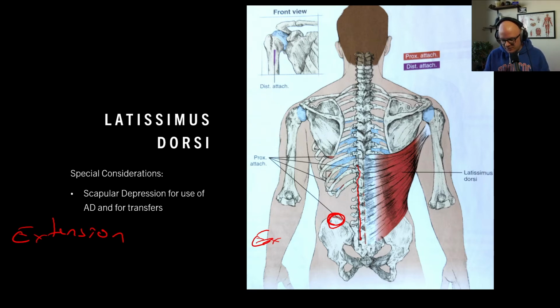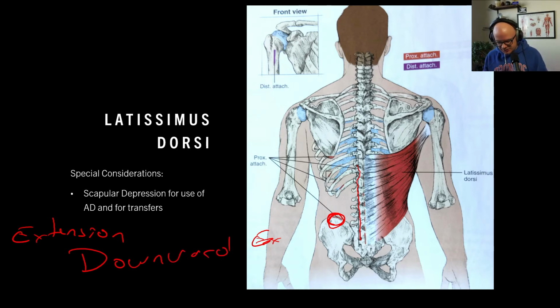So what I really want to point out are some of these big origins or insertions, one of them being highly missed: the inferior angle of the scapula. What that's going to do is allow it to be a really powerful downward rotator.